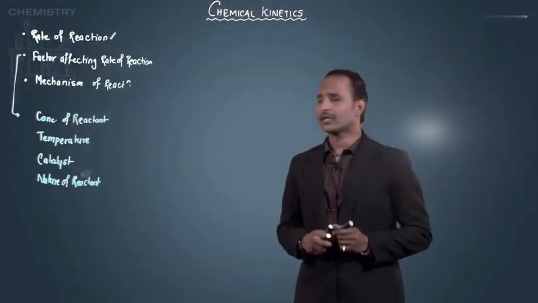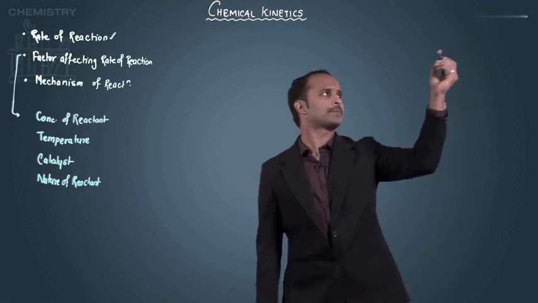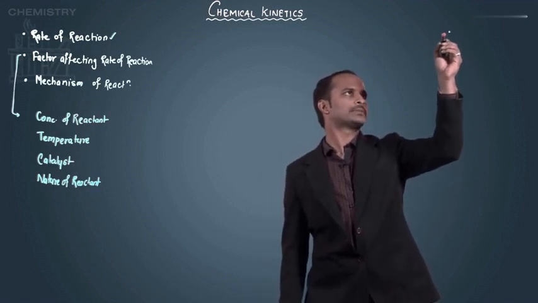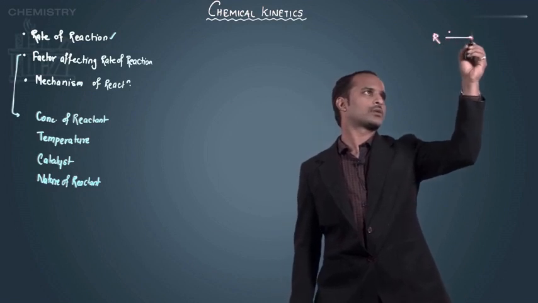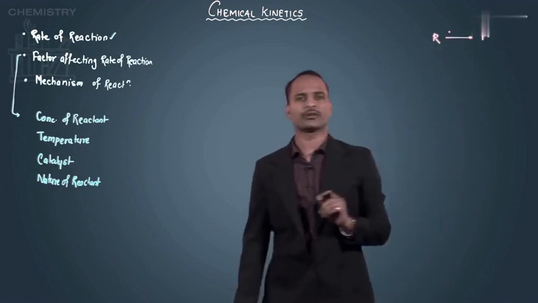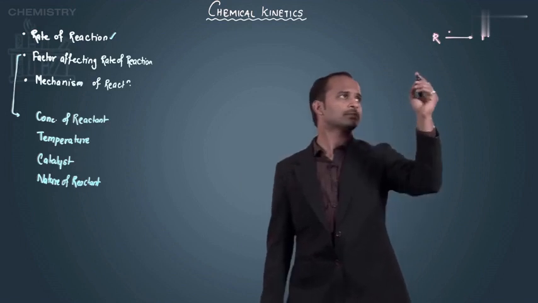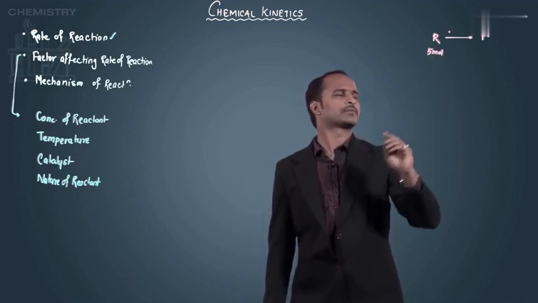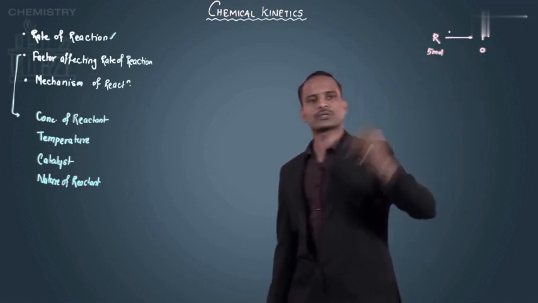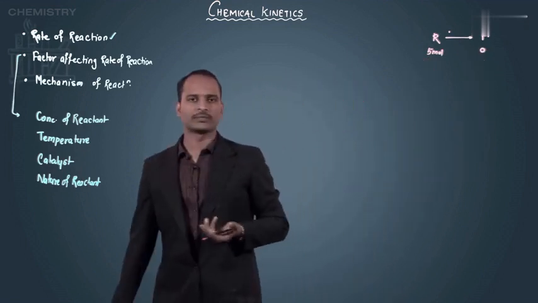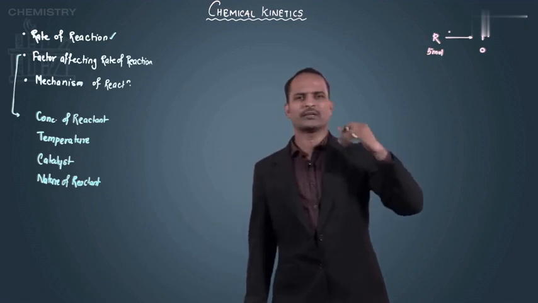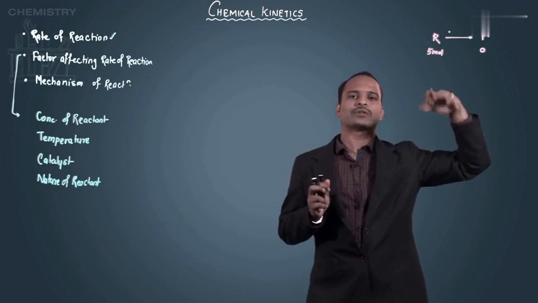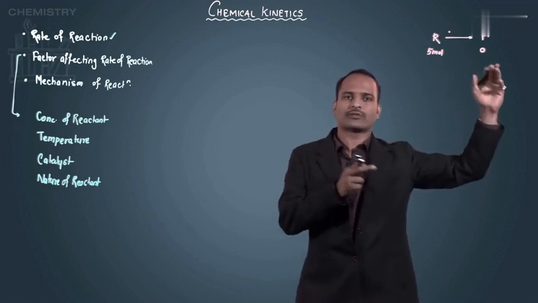To know the rate of reaction, suppose I have a reaction: reactant gives product. Suppose in the beginning I took 5 moles of reactant, and since it is the initial amount, initially there will be no product. But after 10 minutes, once the reaction starts, the amount of reactant goes on decreasing and the product goes on increasing.